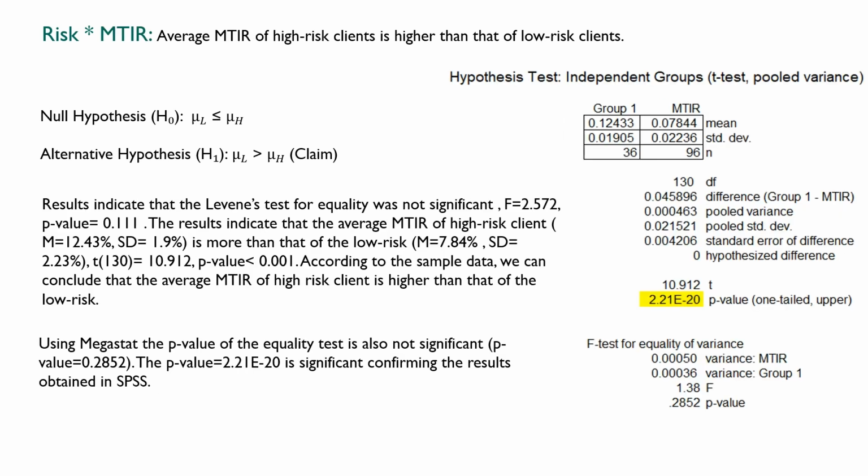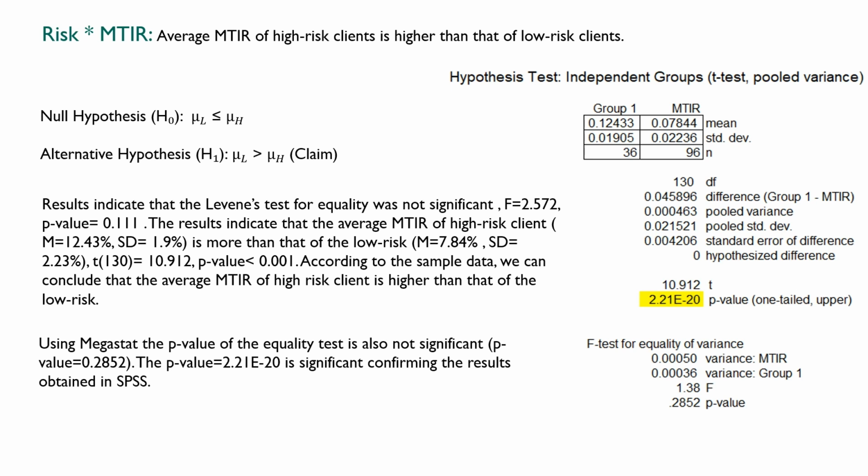Next hypothesis, which is the average MTIR of high-risk clients is higher than that of low-risk clients, which is the claim. Results indicate that the Levene's test for equality was not significant, with p-value equal to 0.111. The results indicate that the average MTIR of high-risk clients is more than that of low-risk, with p-value less than 0.001.